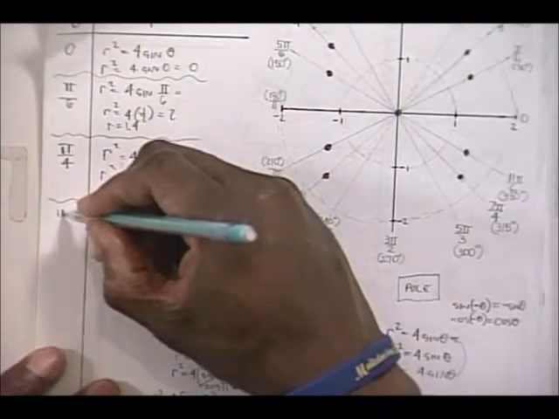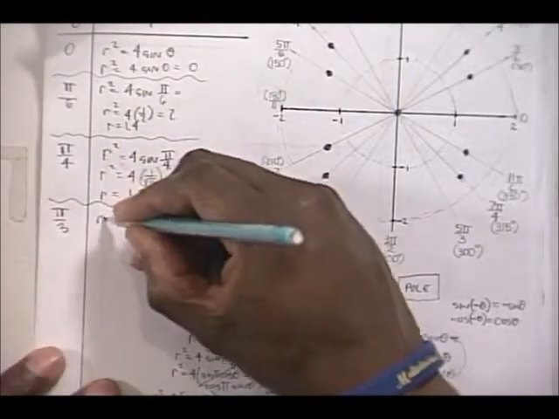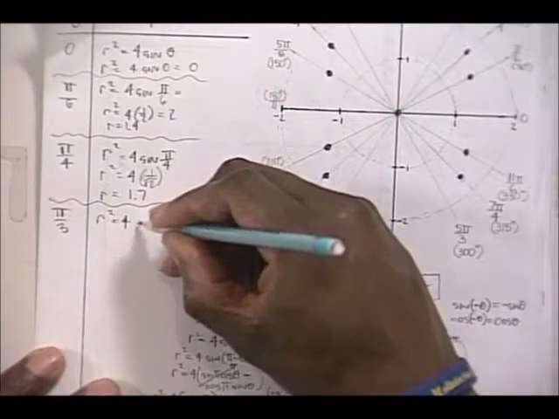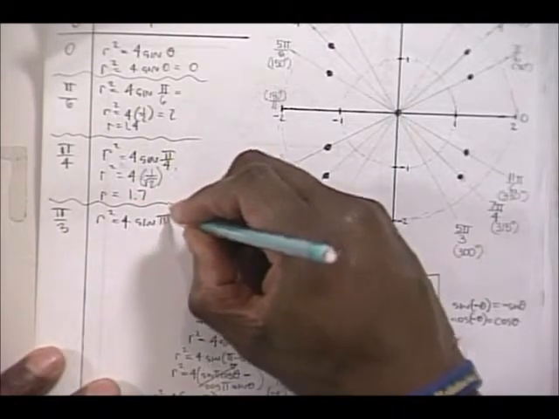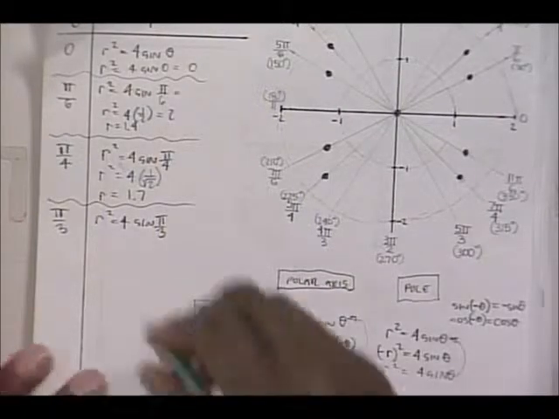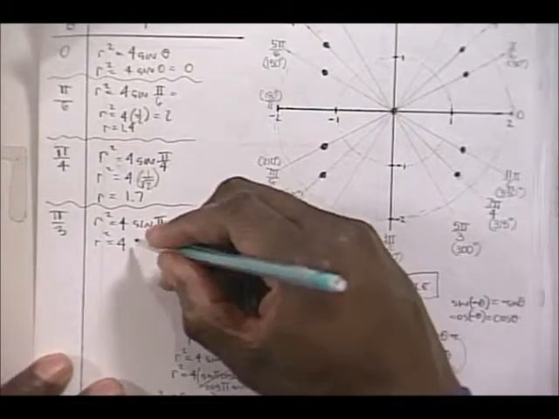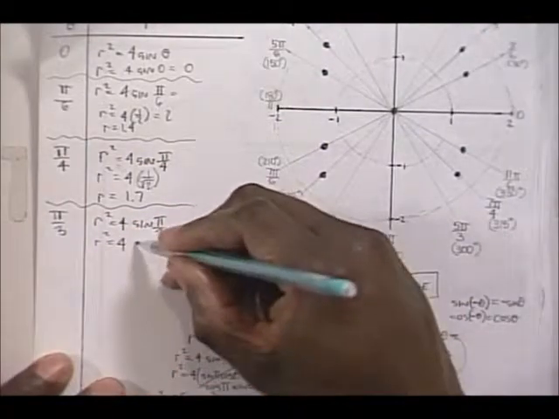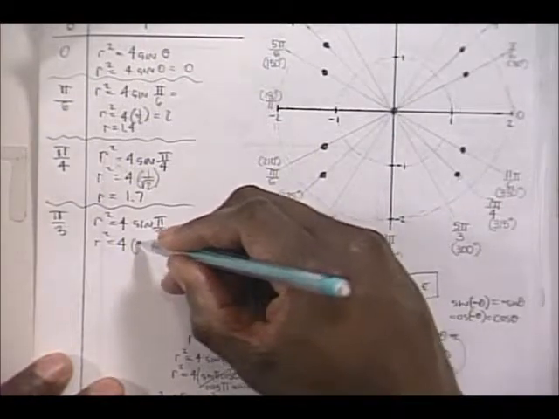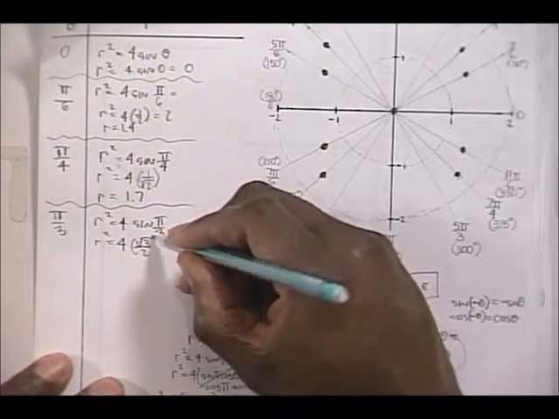All right, so let's look at theta is equal to pi over 3. Let's substitute r squared is equal to 4 sine pi over 3. Another way to say pi over 3 is 60 degrees. The sine of 60, that's radical 3 over 2. R squared is equal to 4 times radical 3 over 2.